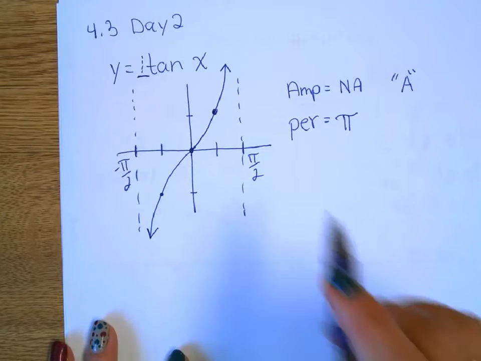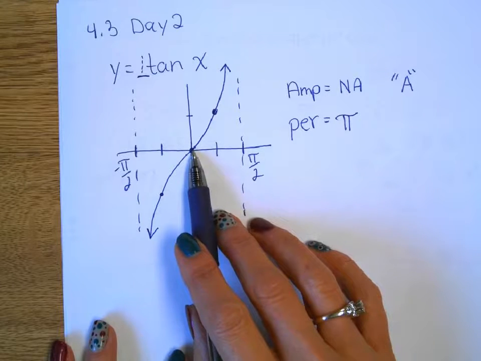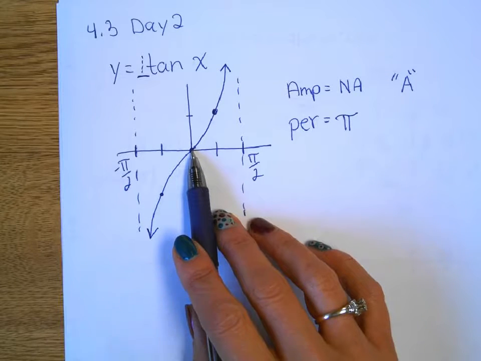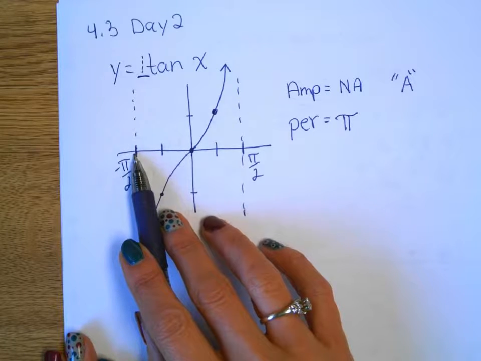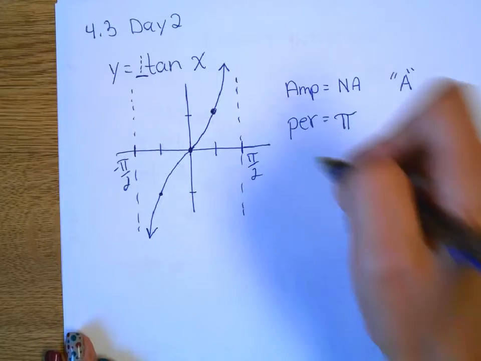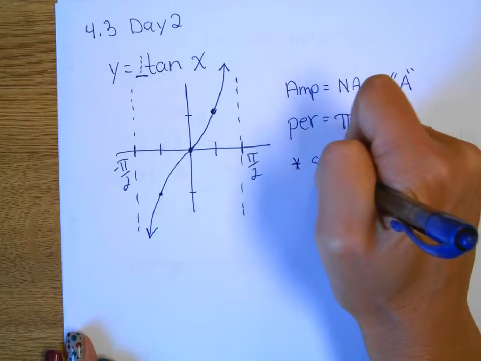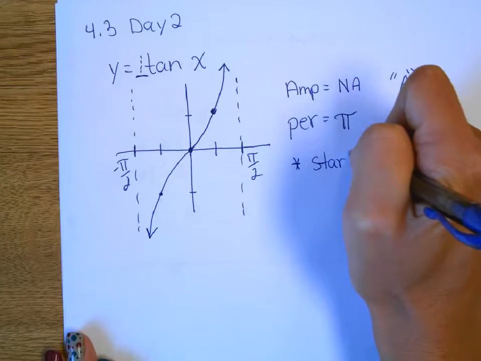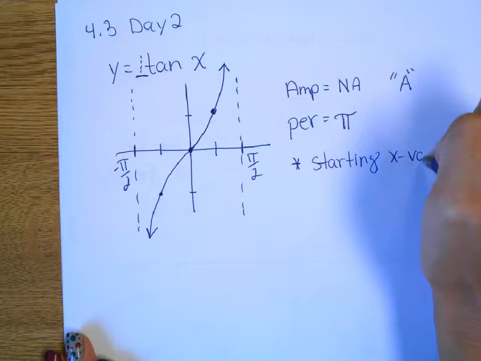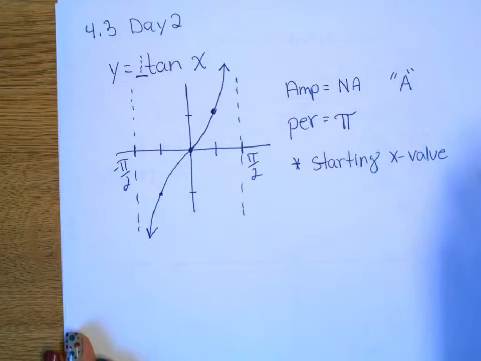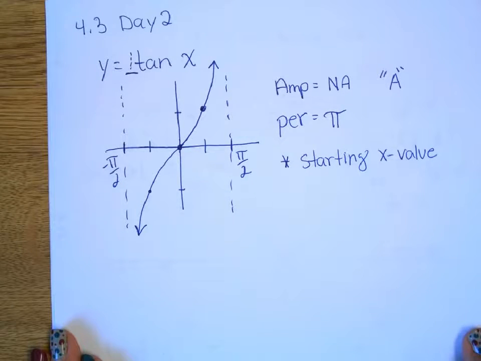Now, because this does not start at the origin, okay, tangent's the only odd duck, there's a little formula that will give you your starting x value. So, the starting x value is determined by a formula, not the phase shift like it's just happened for 4 functions.